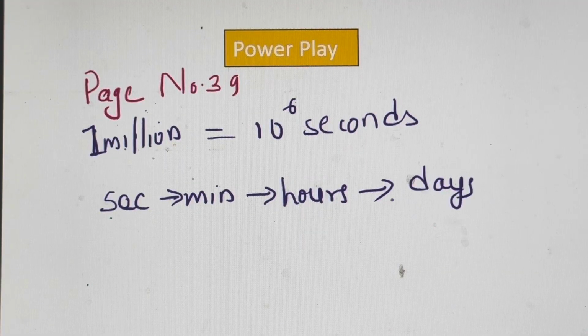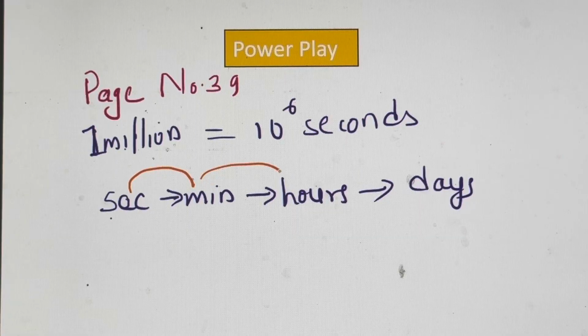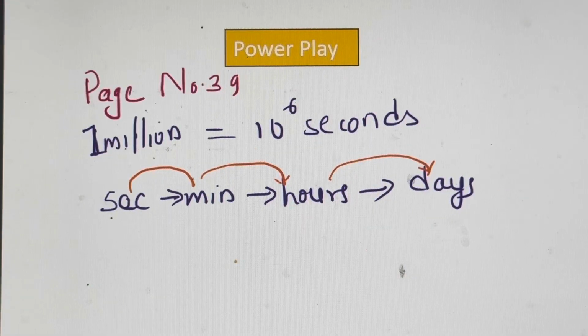Now you know seconds are less, so we are going in this direction. Small to big means divide. If you remember, in the previous sum also I told you this is small and we are going to big, so we will divide. Remember that.